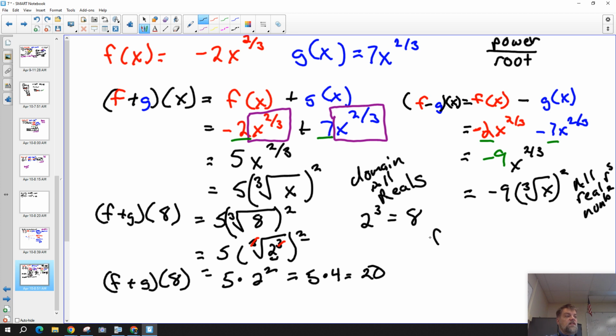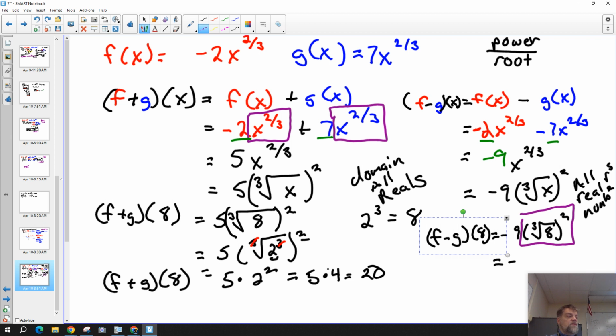So then the last thing I need to do is f minus g of 8, which is 9 cube root of 8, squared. Now the nice thing that we know about this is that this whole thing reduces down to 4.